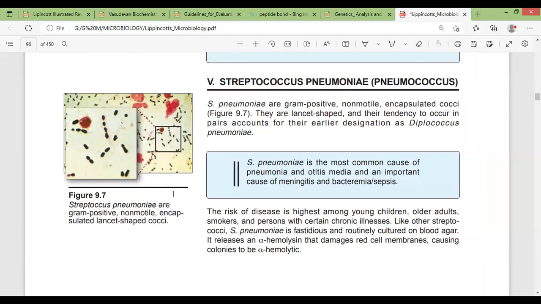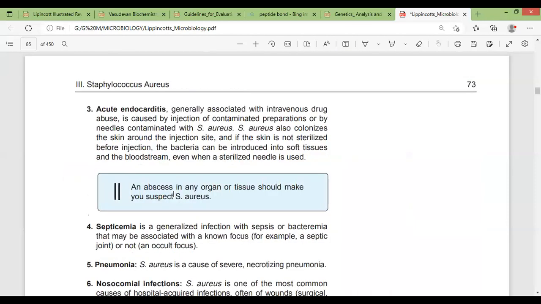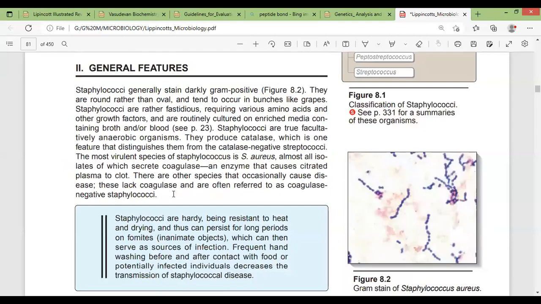So how the bacteria appears is important. If you are told in the microscope, the laboratory technician views a spherical shape appearing in bunches like grapes, what is the most likely organism? Is it Staphylococcus aureus or Streptococcus pneumoniae? Pneumoniae appears double. That's what we call diplococci, right?